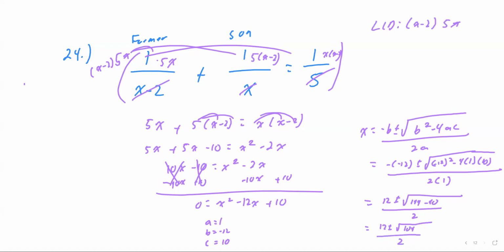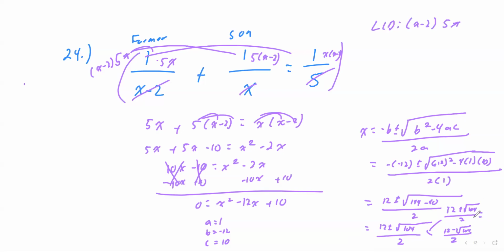So it did tell us to round, so I'm going to do some math here, and I'm going to say this is 12 plus the square root of 104 divided by 2, and 12 minus the square root of 104 divided by 2. Let's see what we get. So I'm going to start off with 104, take the square root of that answer, and then add 12 to that. Divide it by 2, and I get 11.